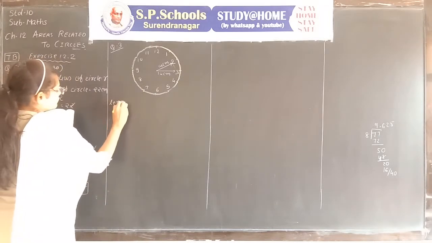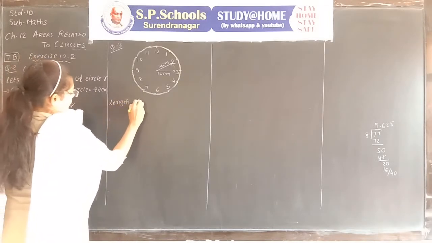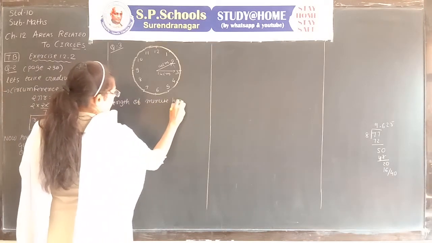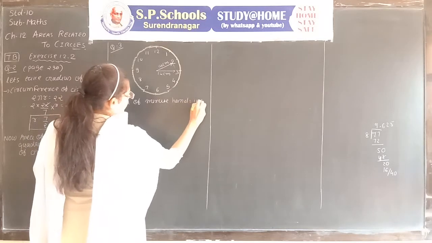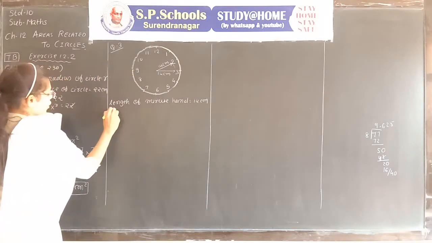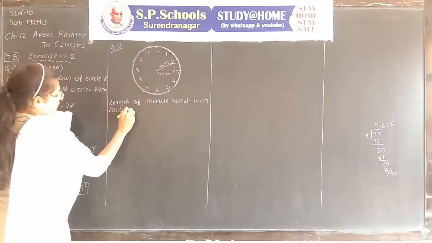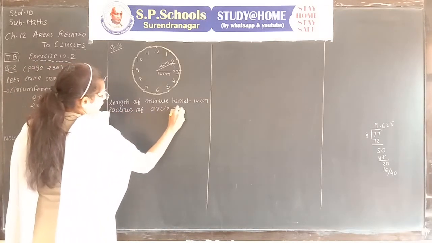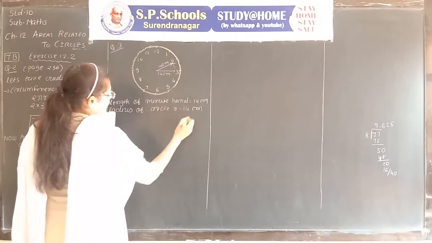Length of minute hand is equal to 14 centimeter. It is radius of sector or circle. Radius of circle r is equal to 14 centimeter.